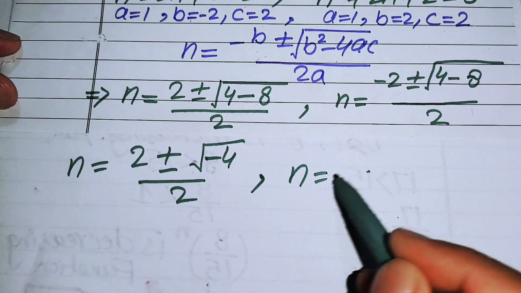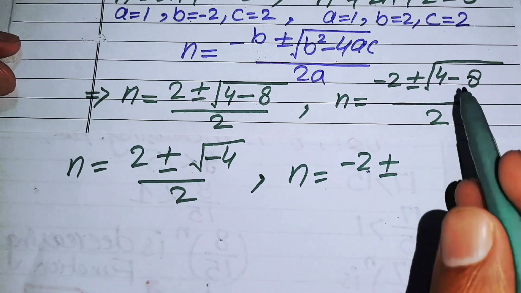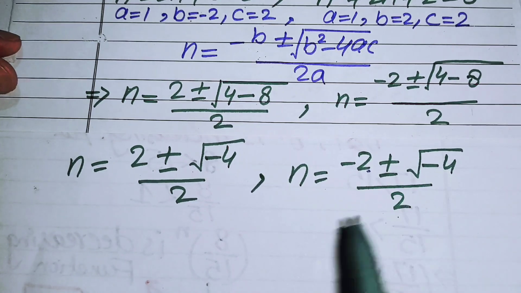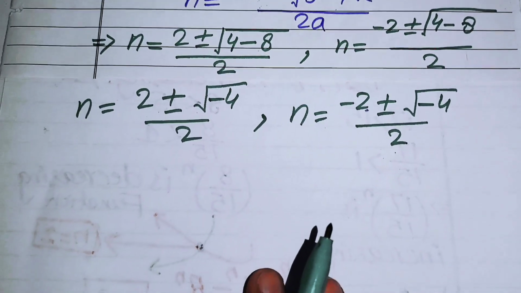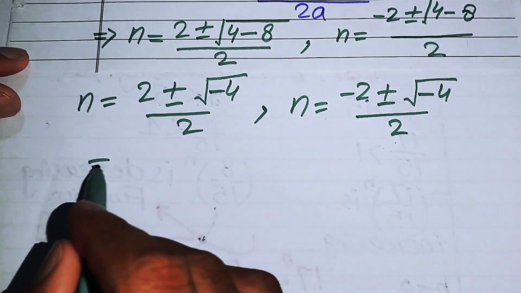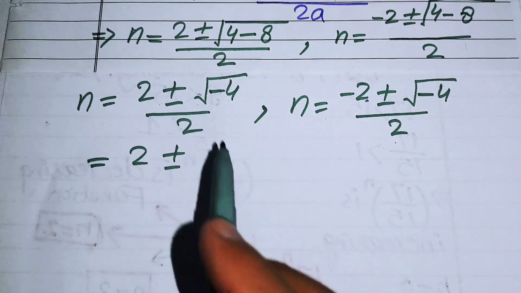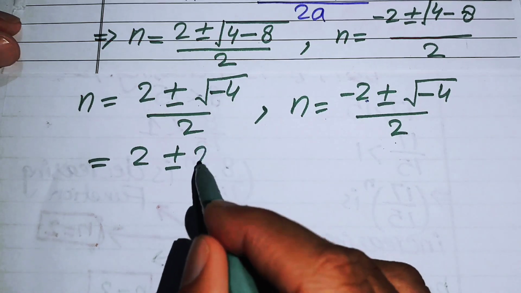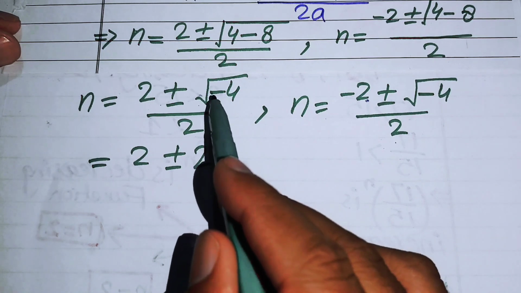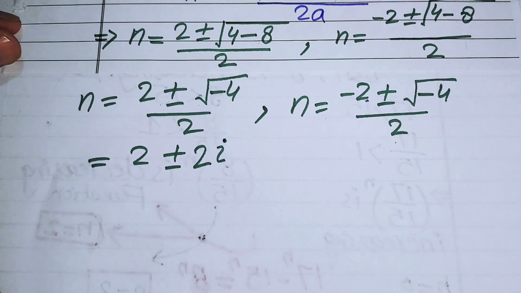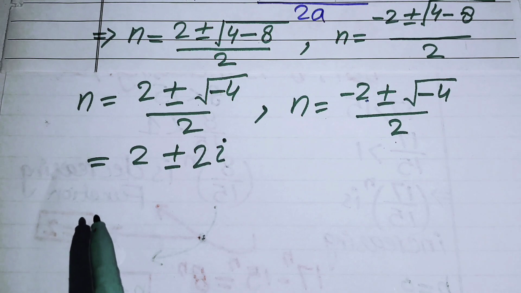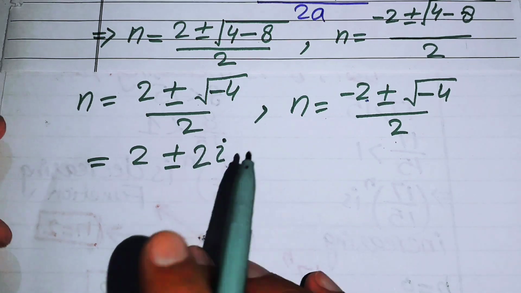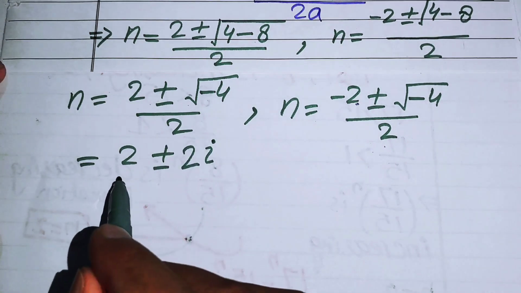Similarly here you have minus 2 plus minus square root of 4 minus 8, which equals minus 4, and whole over 2. In the next step you will see we have 2 plus minus square root of minus 4. The square root of 4 is 2, and the square root of minus 1 equals iota. You know that when a negative sign is under the square root, it equals iota. So this whole expression over 2.